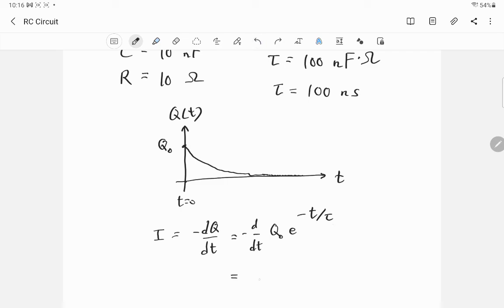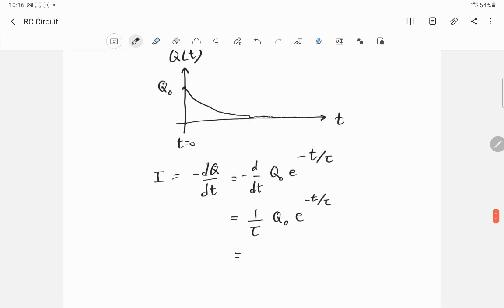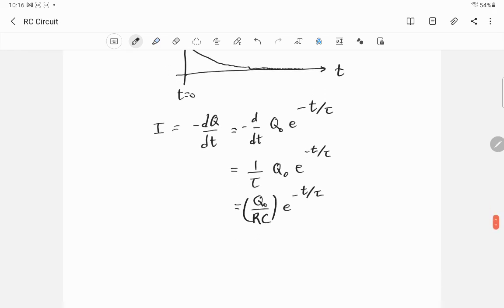is going to be a positive 1 over tau, and then q naught, and then remember, taking the derivative of exponential, the exponential stays, it sticks around like this. So you get this, and you can remember that it's going to be q naught over R times C, e to the minus t over tau, because tau is R times C. And if you look at the units of this thing, it will be in amps.